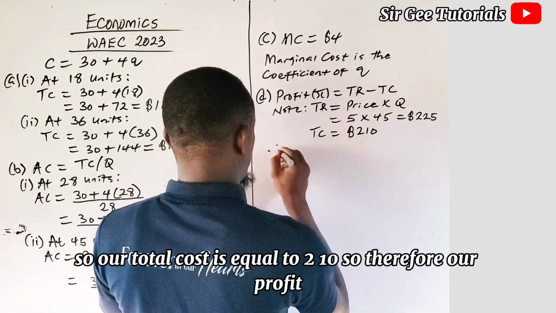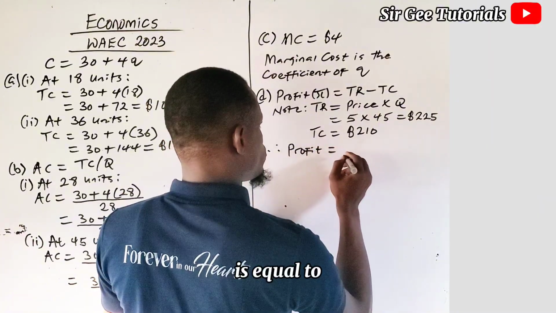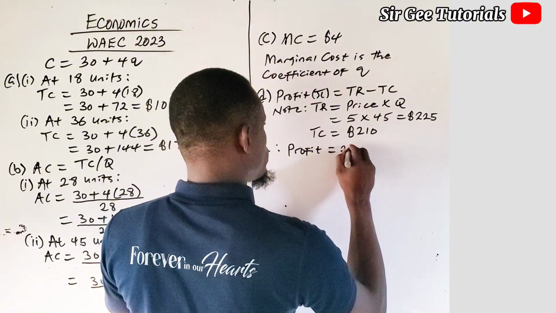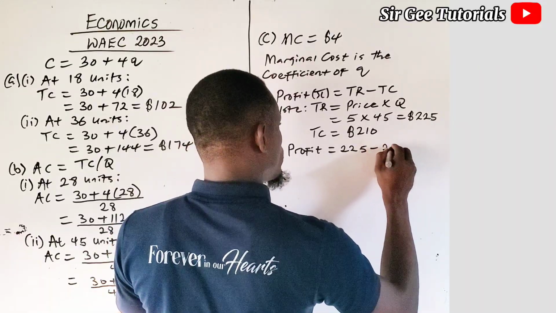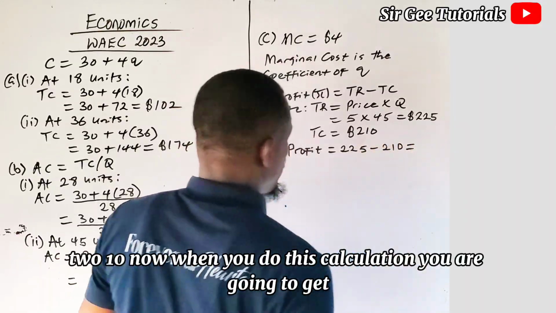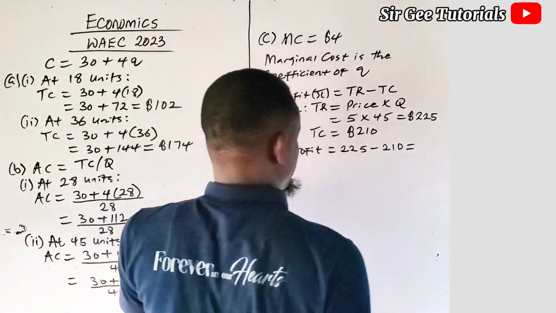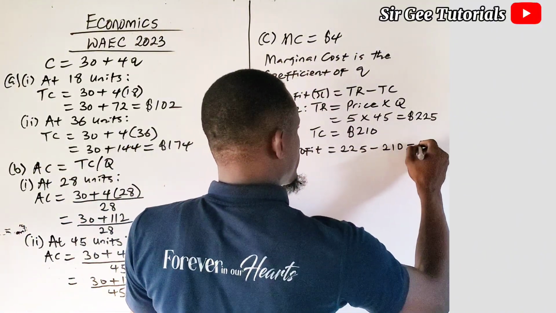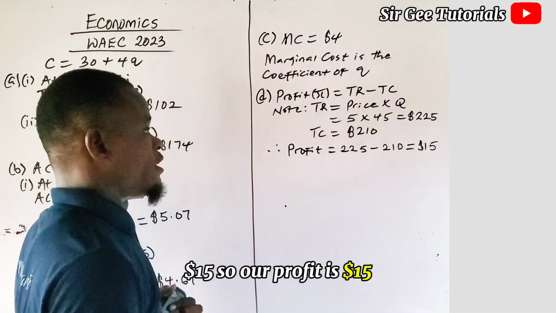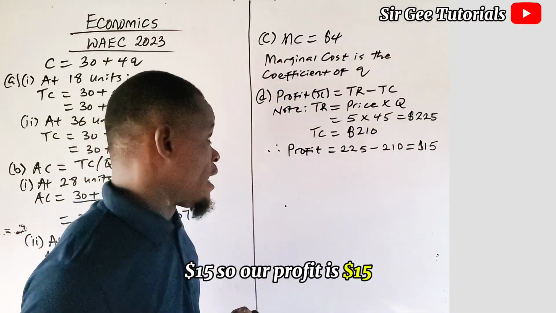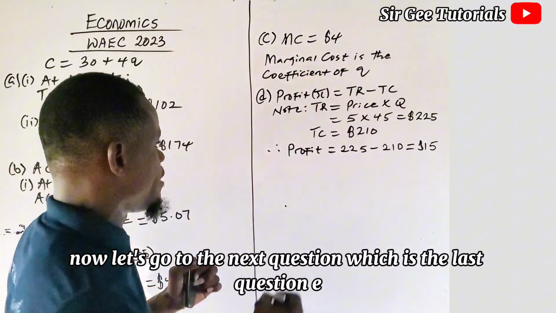So therefore our profit is equal to 225 minus 210. Now when you do this calculation, you are going to get $15. So our profit is $15. Now let's go to the next question, which is the last question, E.